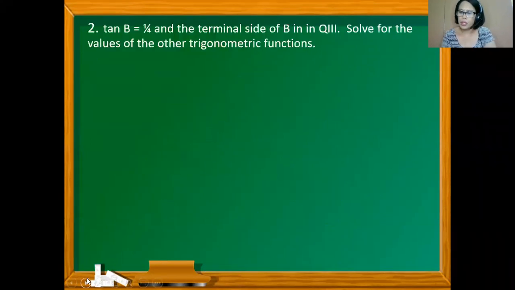So tangent B is 1/4, and the terminal side of B is in quadrant 3. Solve for the values of the other trigonometric functions.